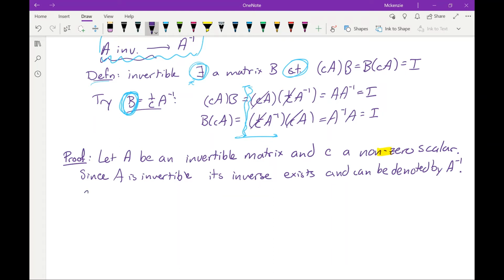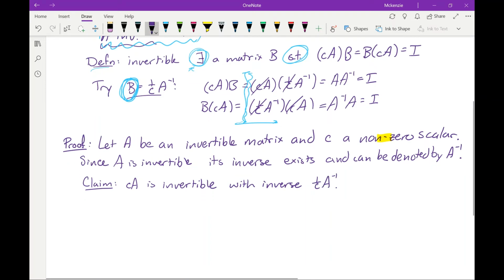So sometimes mid-proof you want to do things like claim CA is invertible with inverse 1 over C A inverse.